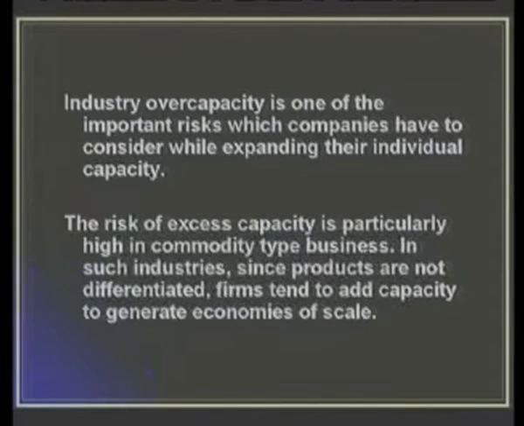As we have seen, industry overcapacity could also become a risk, and the risk of excess capacity is particularly high in commodity types of business. In such industries, since the products are not differentiated, firms tend to add capacity to generate economies of scale, but sometimes we may not be calculating it very efficiently.